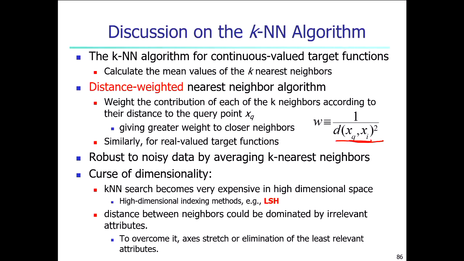The major problem of using a kNN algorithm is you have to deal with the curse of dimensionality. Basically, curse of dimensionality means if the dimensionality is high, then there's no good way of searching for the k nearest neighbors. The best you can do if you want an exact result is a linear search.